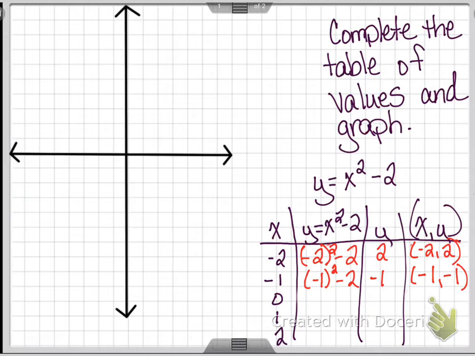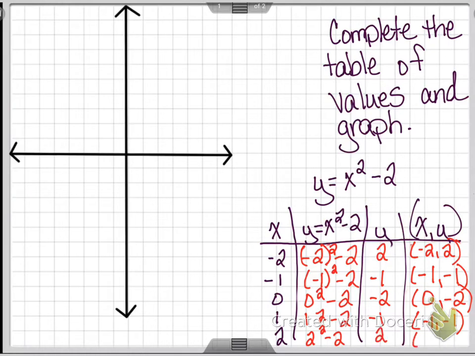When I do 0 squared minus 2, I should end up with -2. 1 squared minus 2, it's going to give me -1. 2 squared minus 2 is going to give me +2.